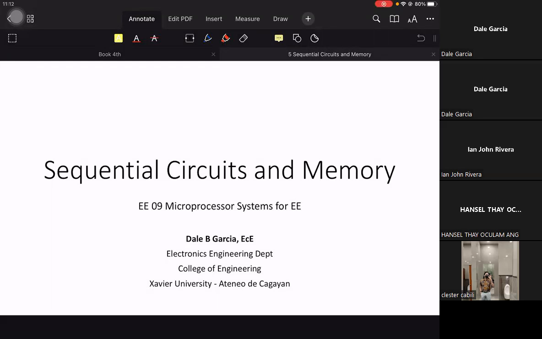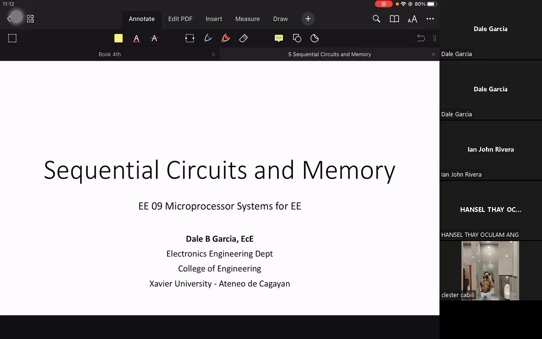We've already known the four main components of any computer: the input devices, output devices, the processor, and the memory. Generally, we have known of two types of memories: the random access memory and the read-only memory.